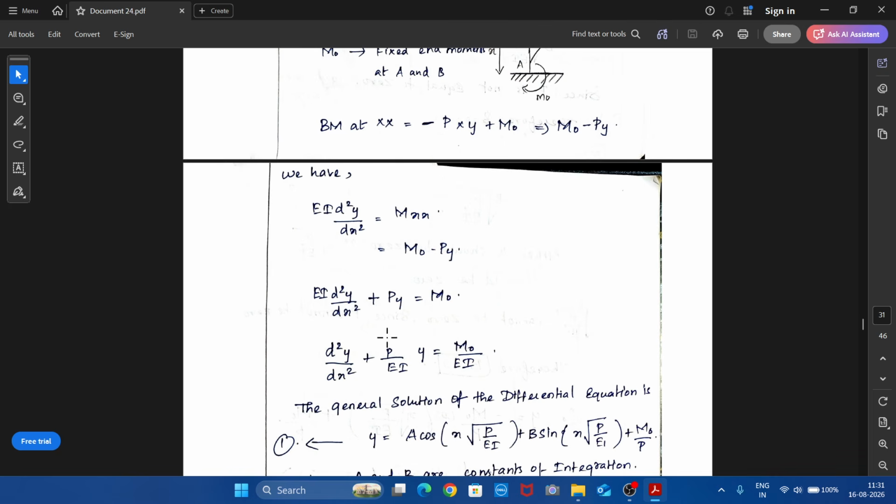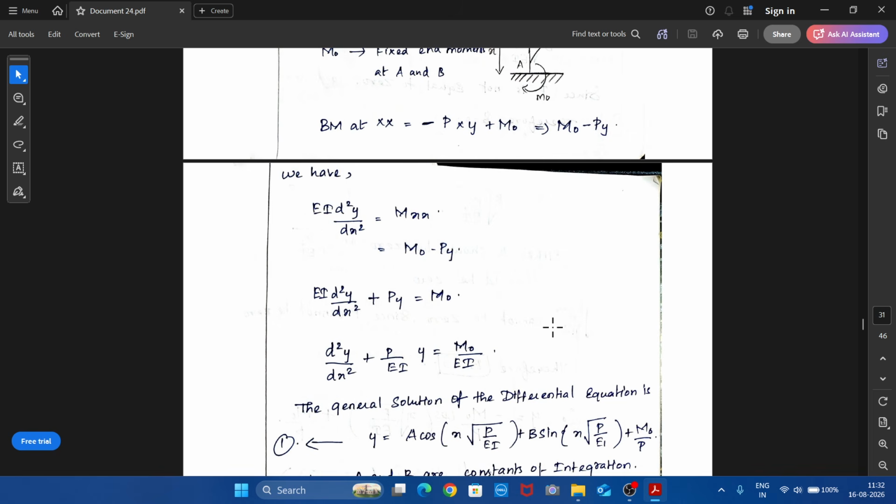So for this we need the solution for this differential equation, that is the solution for y. So the general solution of this differential equation will be y equal to A cos x root P by EI plus B sin x root P by EI plus M naught by P as the additional term. We have seen in the earlier derivations, we got A cos x root P by EI plus B sin x root P by EI for both ends hinged.